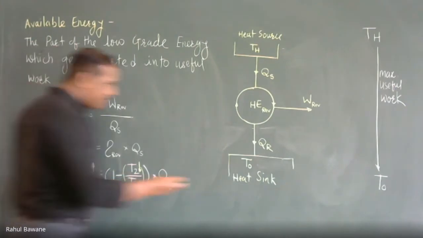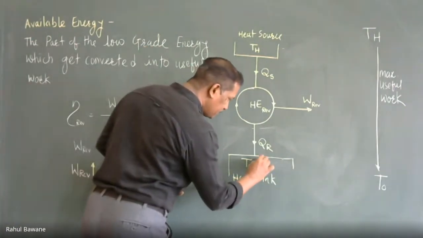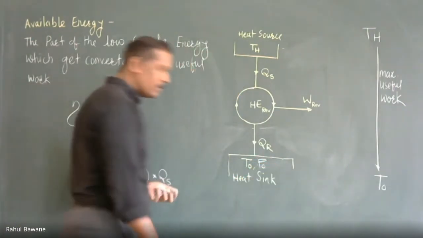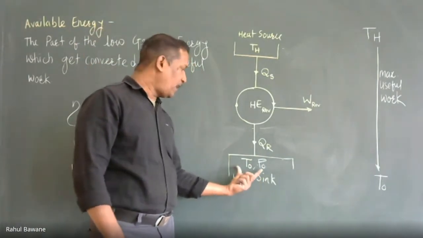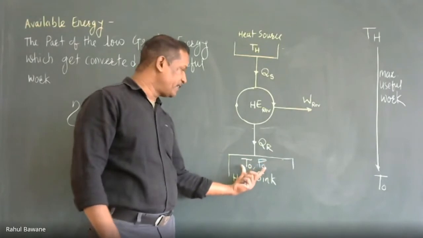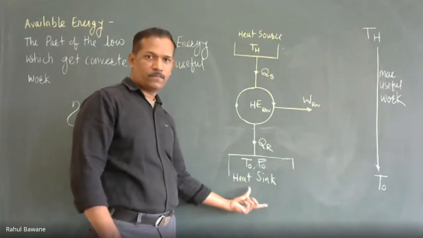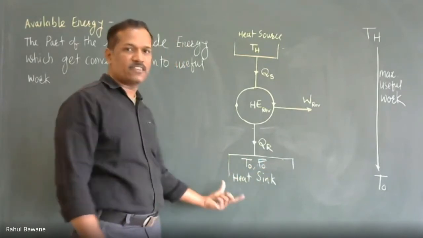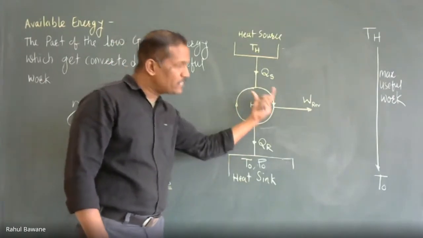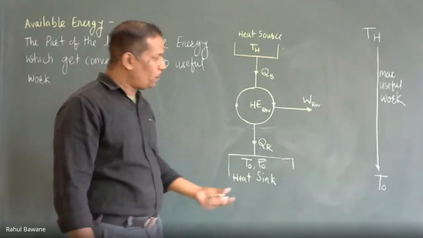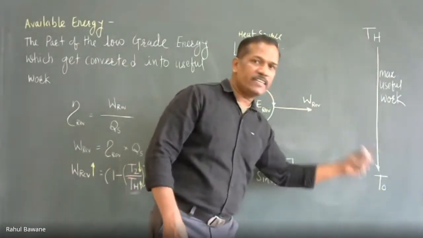So atmospheric temperature, atmospheric pressure, P0. Whatever the conditions, properties at atmosphere, I can't reduce this property below that without using any external means. So I can obtain a maximum useful work when I reach this dead state condition.